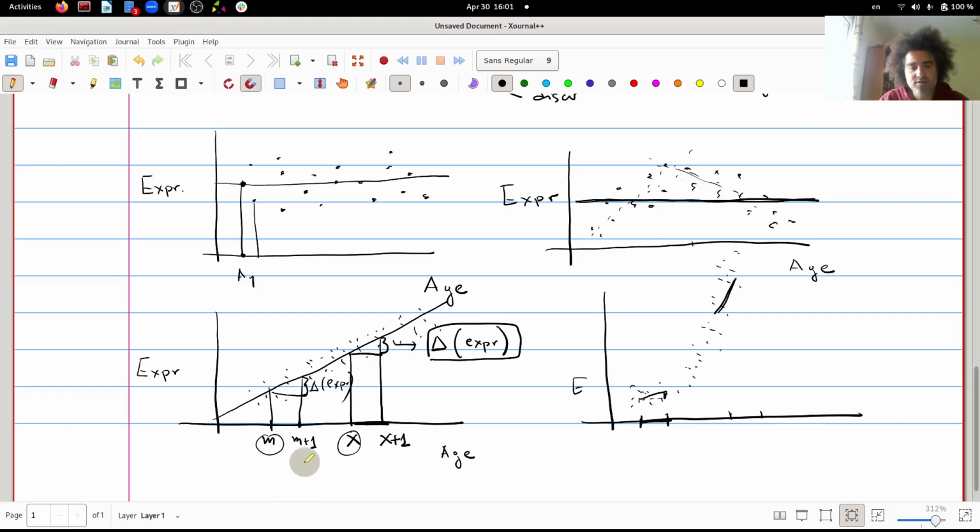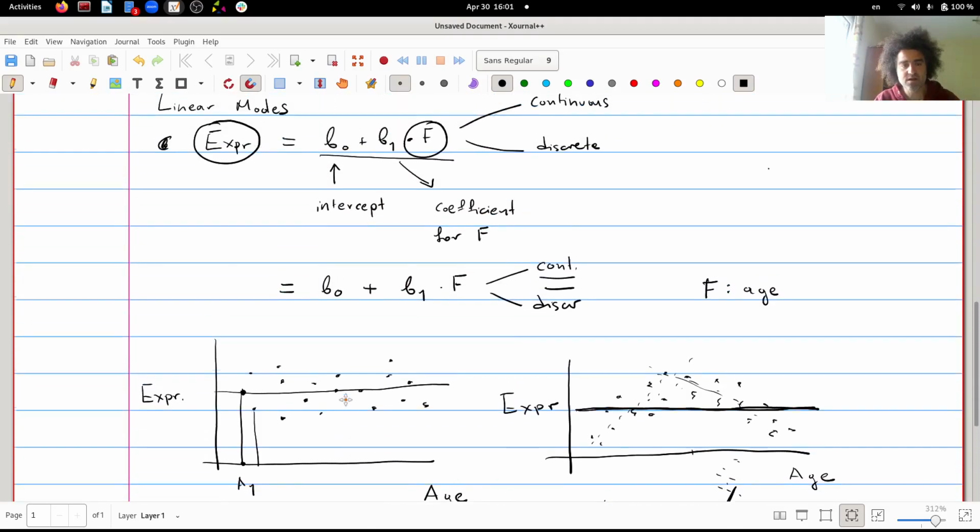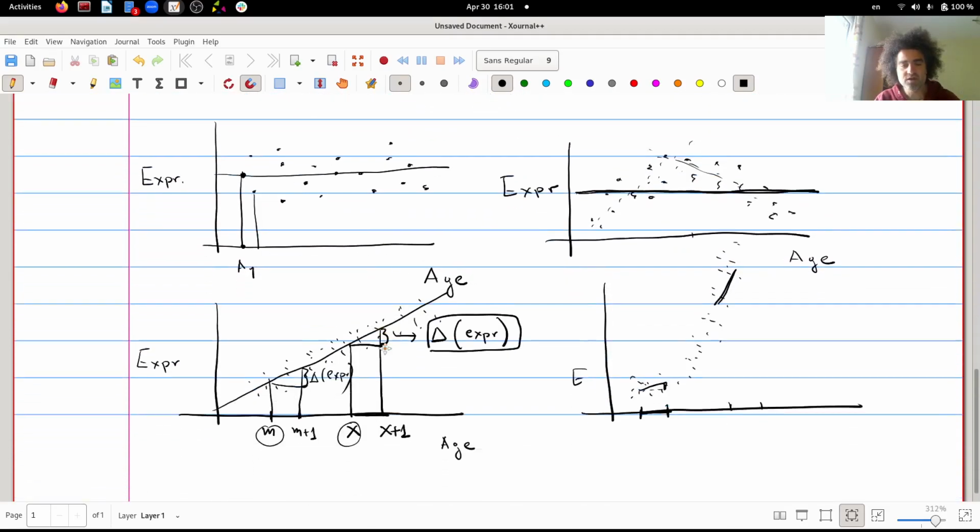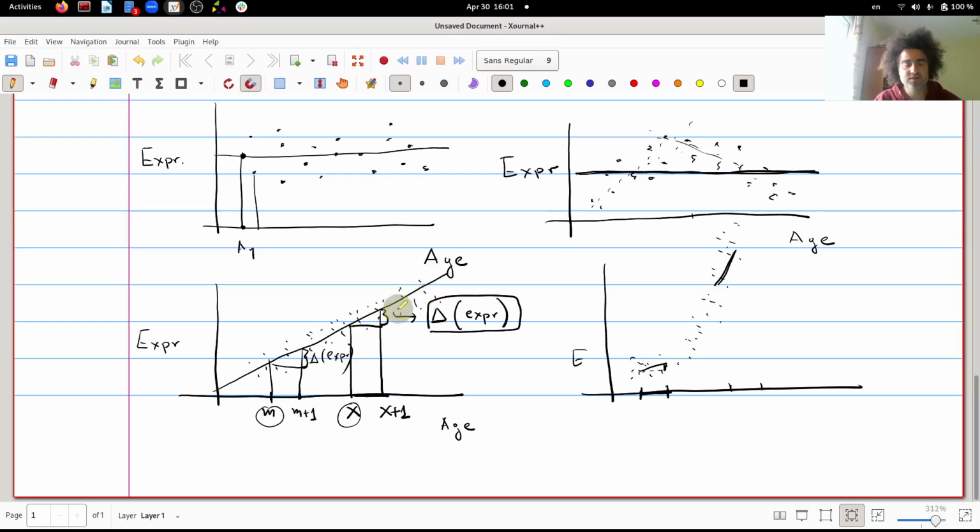With linear models we try to fit straight lines of this form, and so the genes that are actually affected by the age are genes that have such a behavior here. So this gene, for example, is not affected by the age.